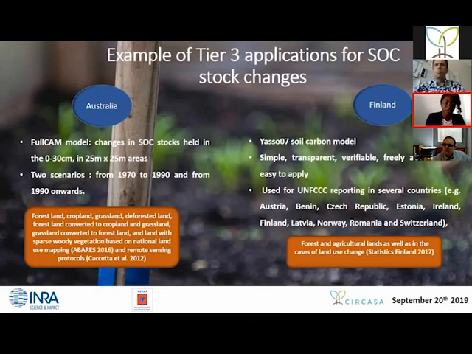The Yasso07 model is well used, and it has been tested over a large set of data in forests and croplands, and it's used for UNFCCC reporting in several countries as well.